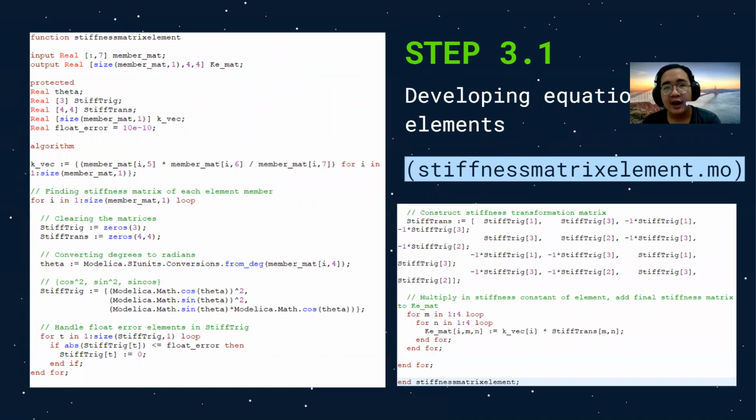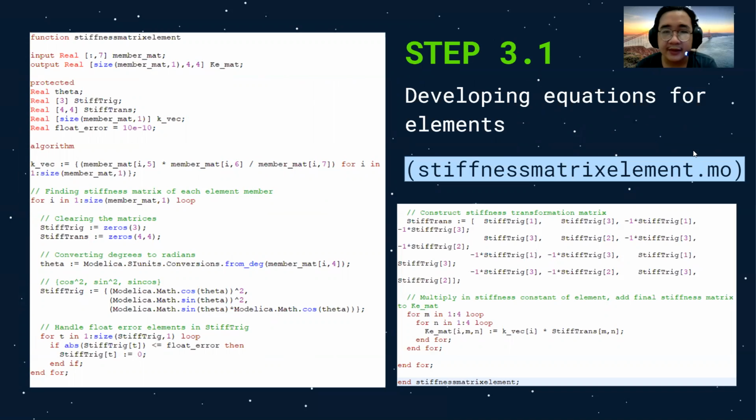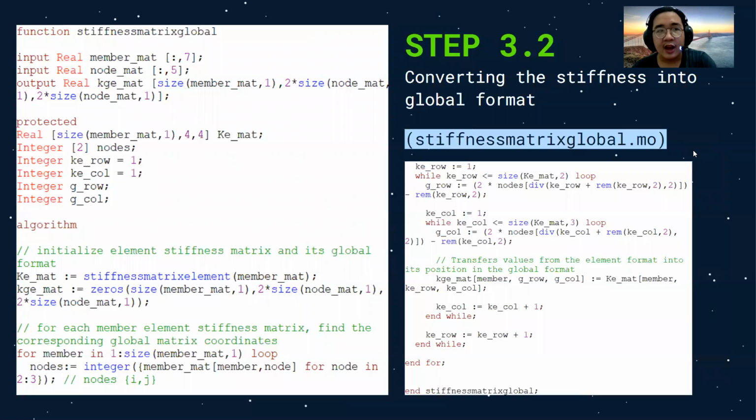Next, I'm going to develop the equation for the element, the element matrix, like in this picture. After that, we need to convert the stiffness into the global format to make it easier.